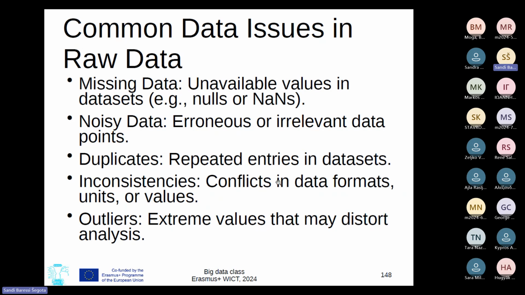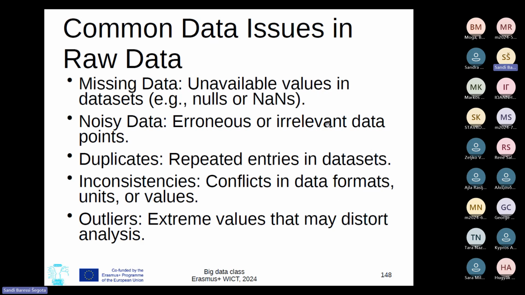Inconsistencies, again, are different data formats, different units, different values entered. Some people misunderstand the expected data format. That's why today, especially when you're entering a date somewhere, you get a small calendar to select your date instead of typing it in manually, to make sure everyone follows the same format.